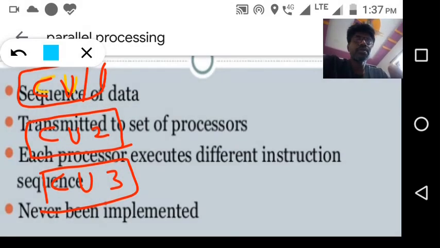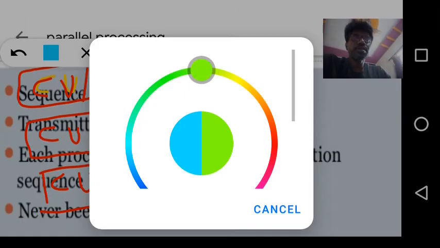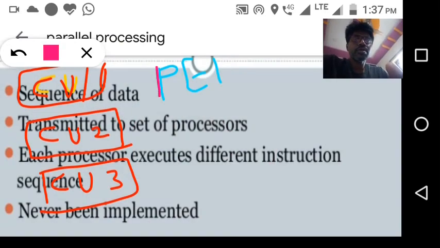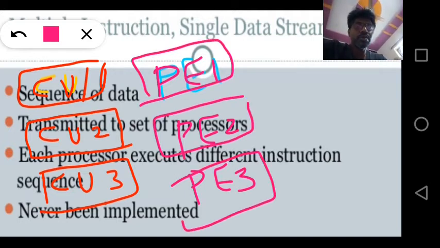And I have 3 processing elements: processing element 1, processing element 2, processing element 3. And I have a memory.